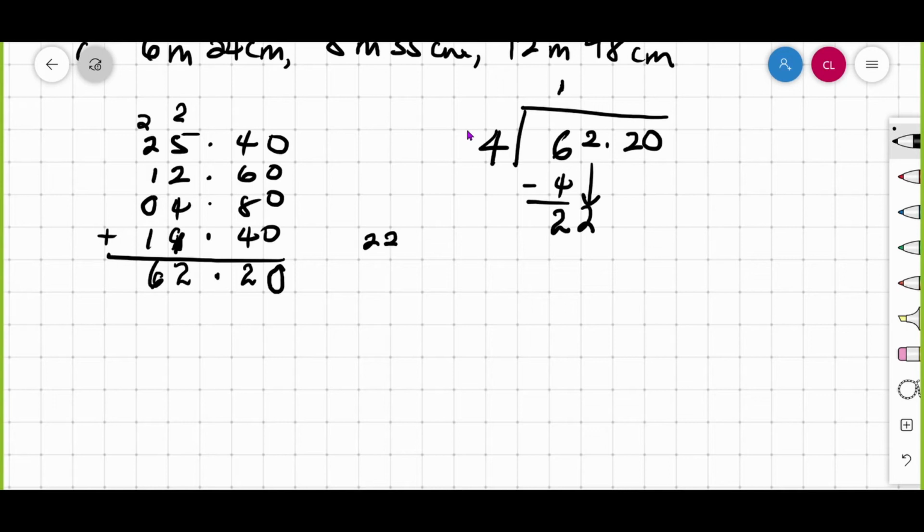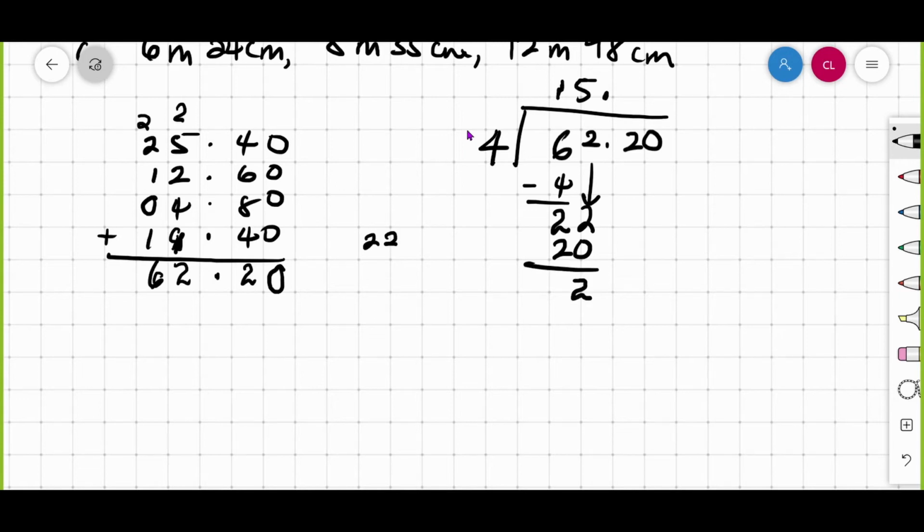Use the times table: 4 ones, 4 twos. How many times can 4 go into 22? 5 times. Good. 5 fours would give me what? 20.